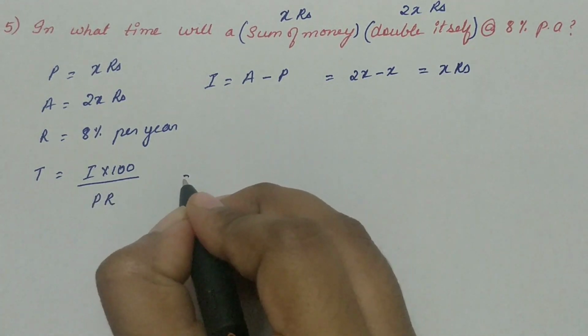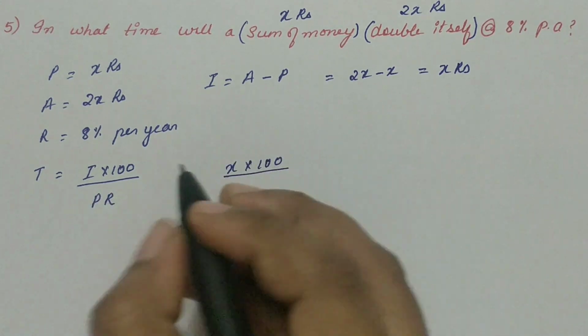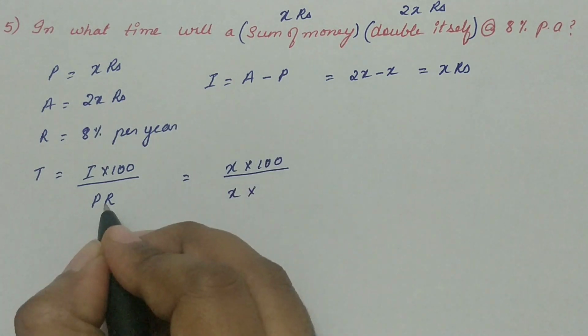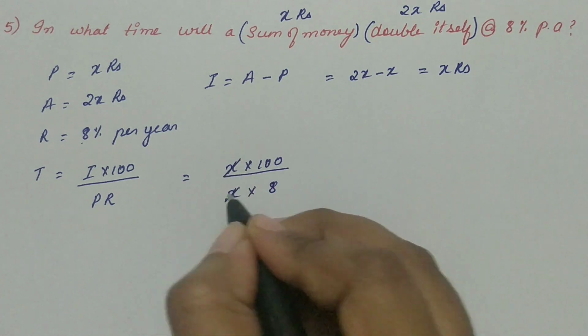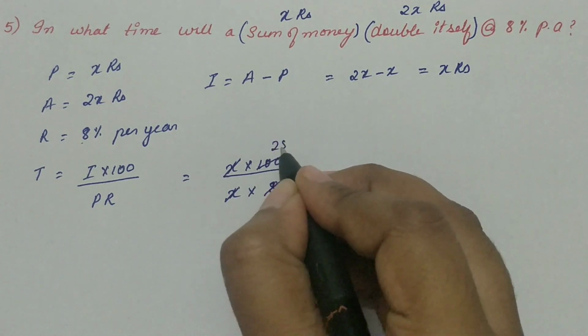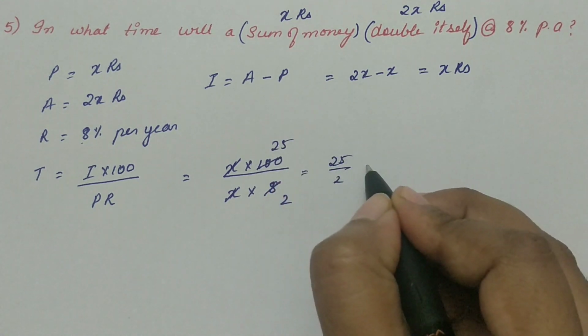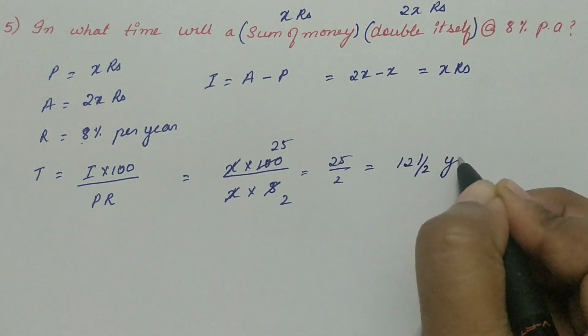Therefore, time equal to X into 100 divided by P equal to X into R equal to 8. X cancel. 4 2 times, 4 25 times, equal to 25 by 2, which is equal to 12 1 by 2 years.